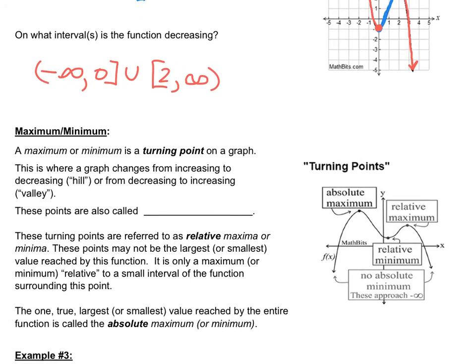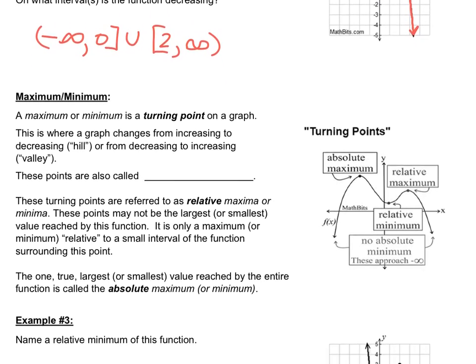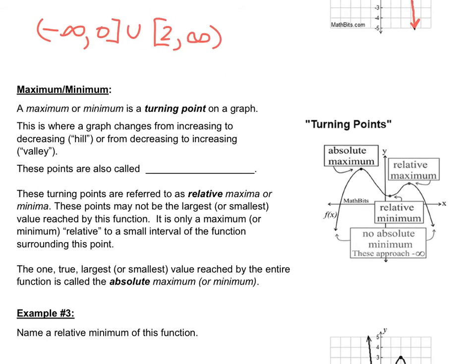But at least having a good sense of the vocabulary can benefit you. So maximum or minimum is a turning point. I don't know that you need the definition that the maximum is going to be on the hill and the minimum is going to be on the valley, but there it is.